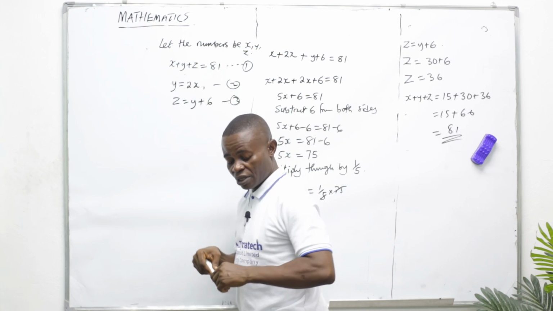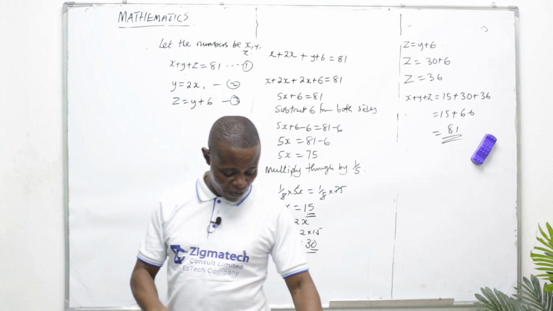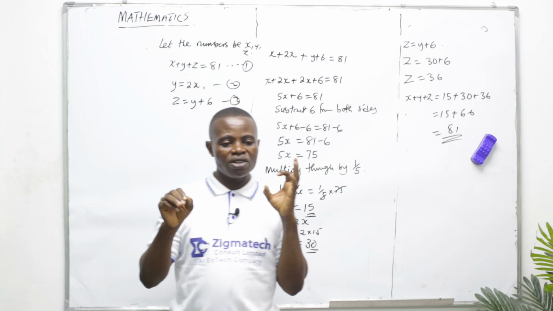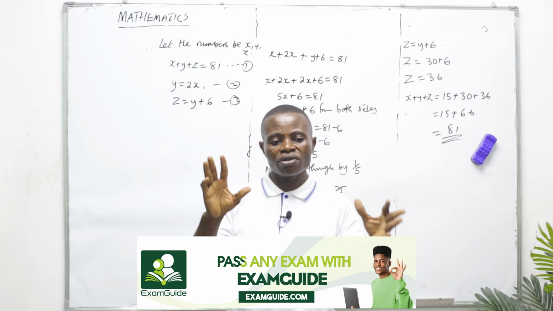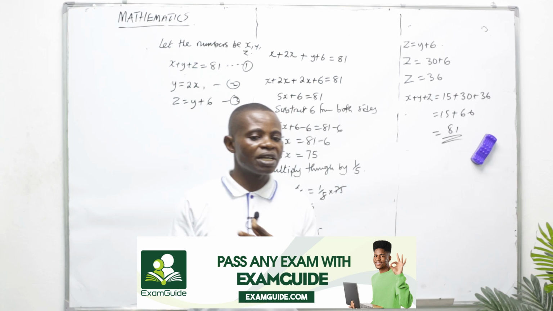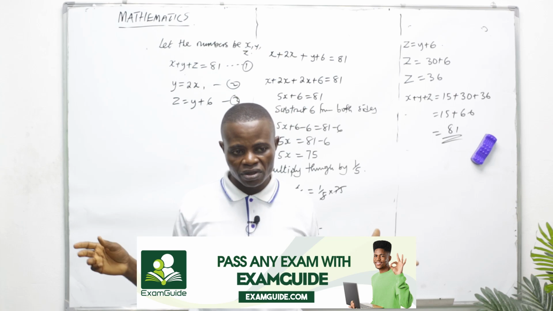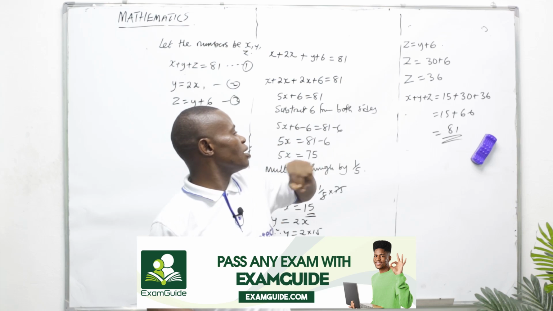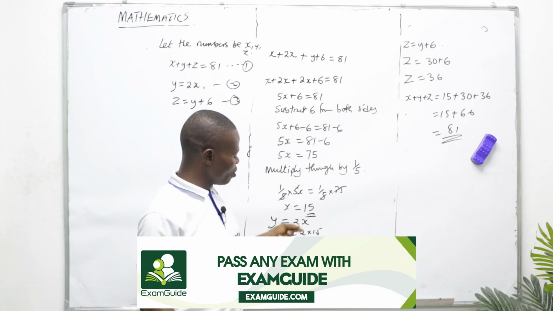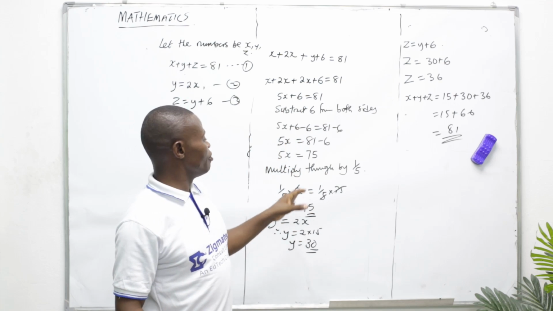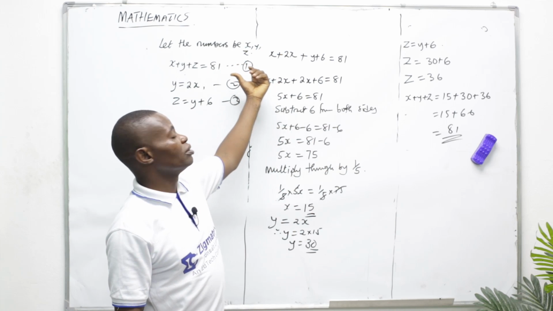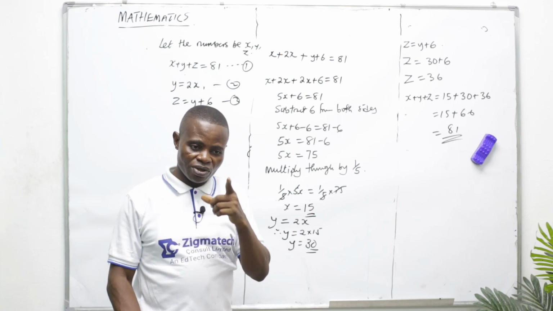In fact, let me tell you, if you know what you're doing in maths, as you're solving, the solution is also looking at you. It's very clear and obvious, no argument. You can see at the end, after adding all the values you have got for the various variables, it summed up to 81. Pay attention to questions.